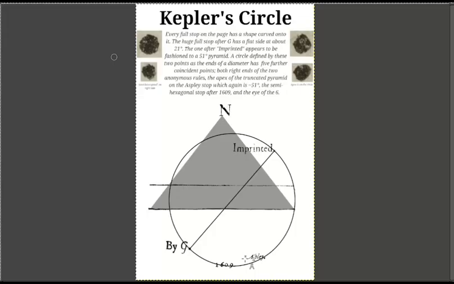Now, the start of the geometry is a circle defined by these 2 points, the spot next to the G and the imprinted dot, which define its diameter. And this circle generates these 2 horizontal lines, and the bottom one is the base of this pyramid, which is the central element in the geometry. Now, the way this works is that there are 3 right-angled triangles that intersect with these 3 points, that point, that point, and that point.